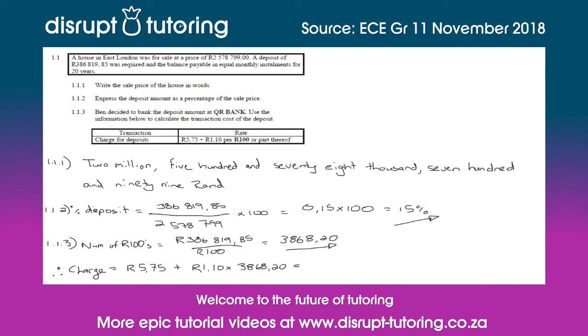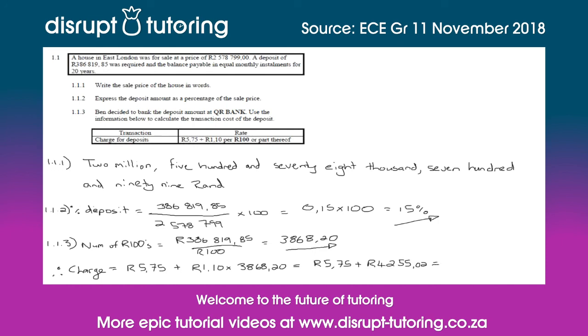So you put this into your calculators, it's still the R5.75 plus the 1.10 Rand times the number of 100 Rands comes to 4,255 Rand and 2 cents.